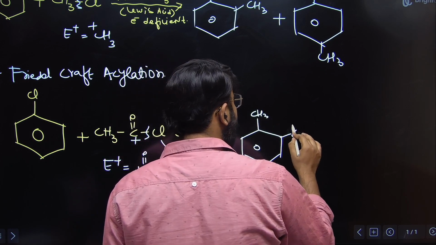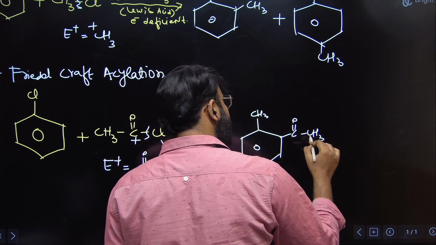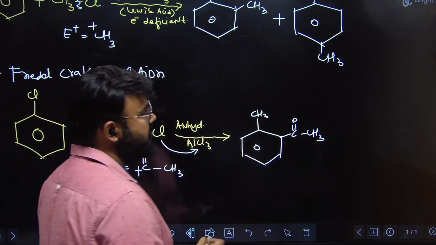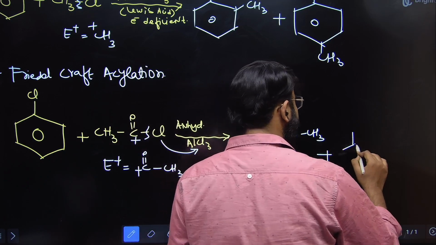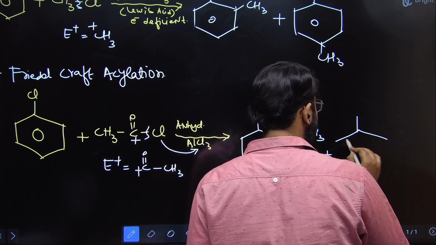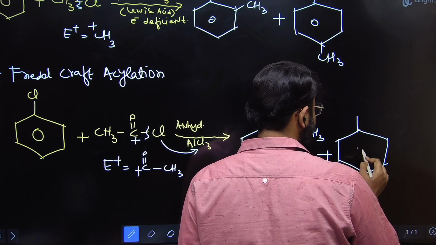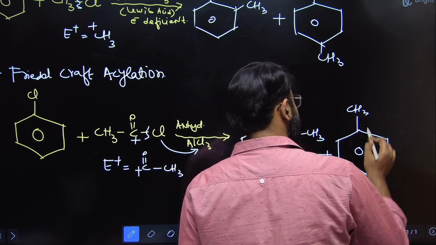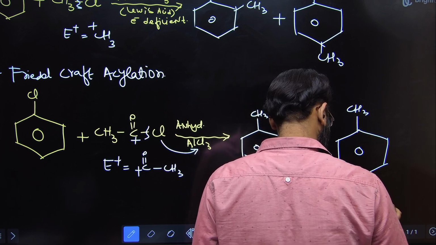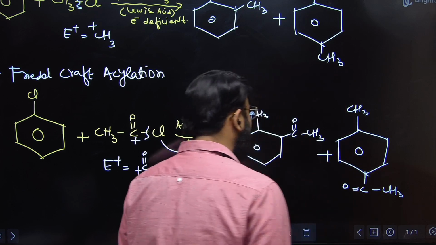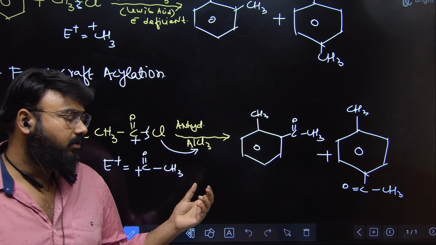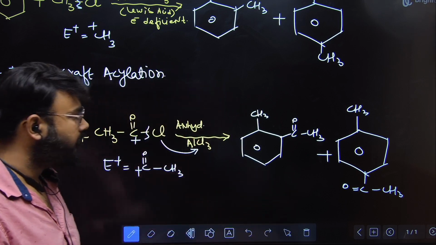So remember, whenever this group is attached, COCH3, it's called acetophenone. What do we call it? When COCH3 group is attached, it's called acetophenone. So we got ortho and para, where always the para is the major, okay? We got it, no?